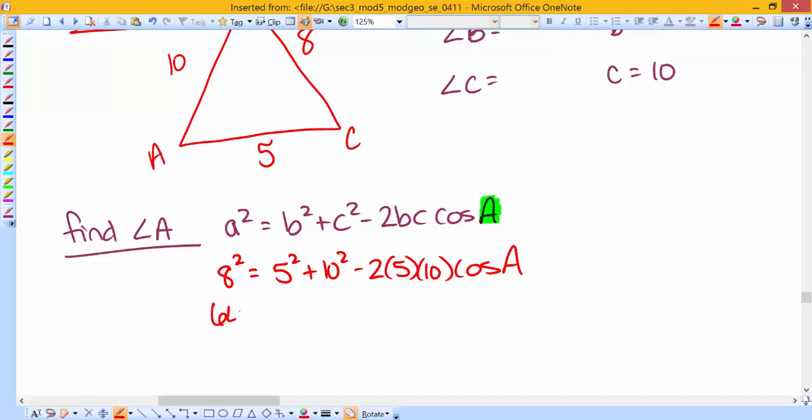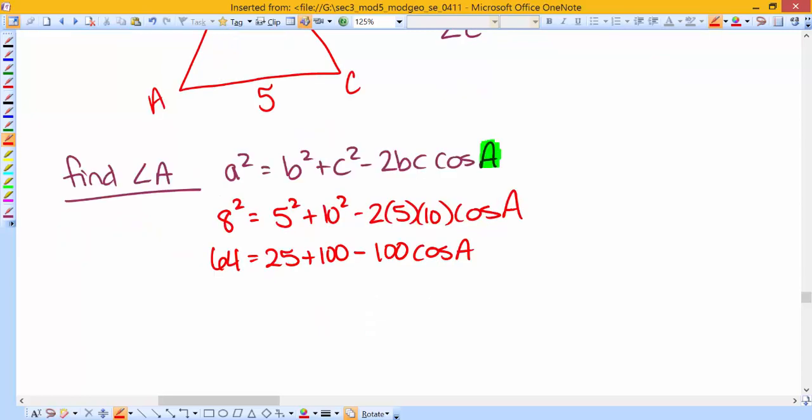So I have 64, 25, 100, and let's see, 2 times 5 is 10, times 10 is 100. I'm going to combine my 125 and my 100. 64 equals 125 minus 100 cosine of A.